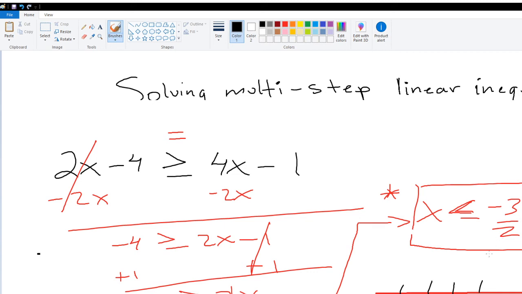Now, negative 3 over 2 is just negative 1.5. Notice how this circle is closed. It's closed because x could be negative 1.5. So we are going to leave this circle closed and say it could be negative 1.5 or anything less than that.